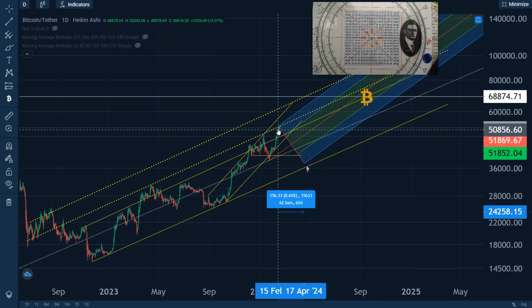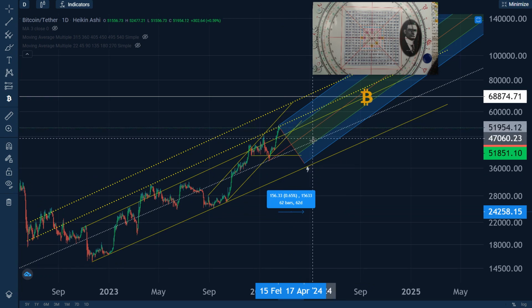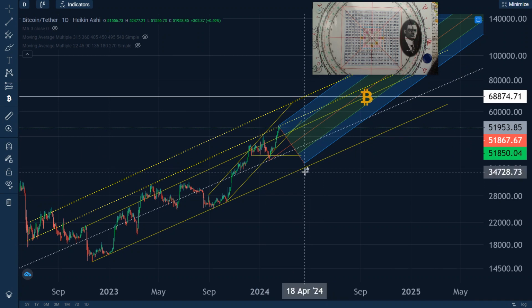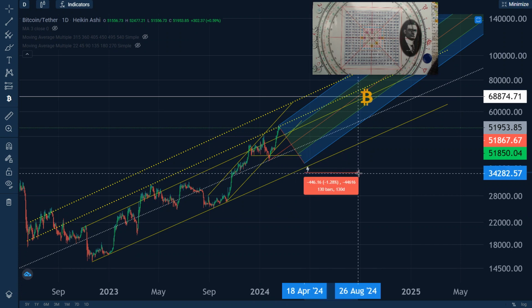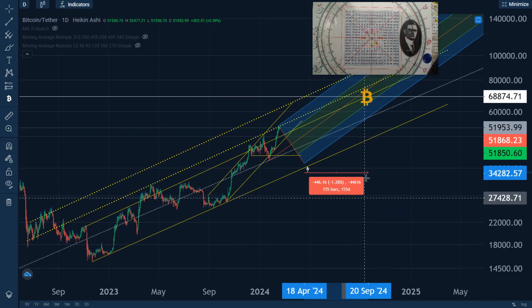We haven't had a further retest where we could say we'd do another 62 days. So let's just take a look from here, and let's just look out 155 days and see what goes on there. Well, that's saying September 18th, 19th, and 20th.